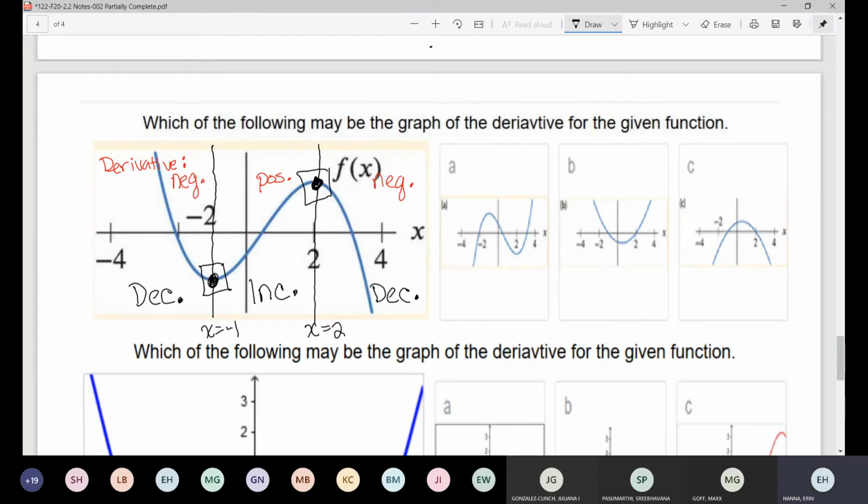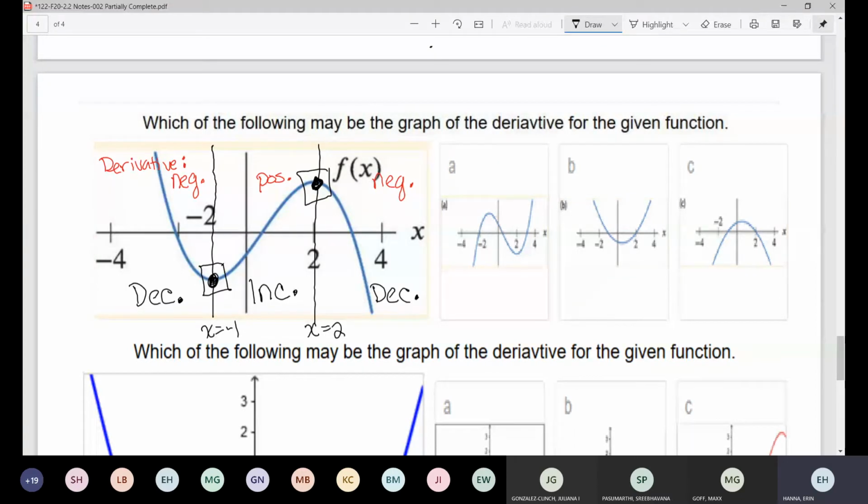Max and min points of the original function: your derivative is going to cross the x-axis at those points. It's only going to cross the x-axis at those points. It could possibly touch the x-axis at another point. Usually doesn't happen, but it could. But when you look at the max and min points, if the functions you're looking at cross more than that many times, you know that's not one of the options. In this example, it's only going to cross the x-axis twice. It can't cross another time because I didn't have another max or a min.